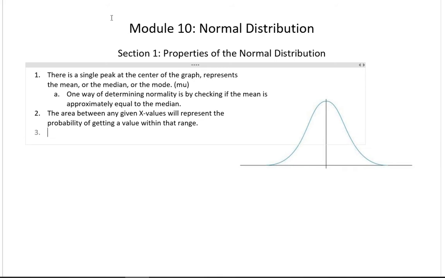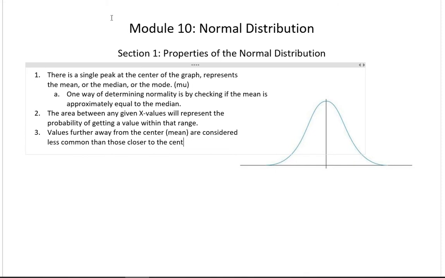All right, a couple other things. Values further away from the center, or the mean, are considered less common than those close to the center. Basically, the height of the curve really represents the probability of something. So if the curve is taller at some point, that means it should be more likely to get a value there.